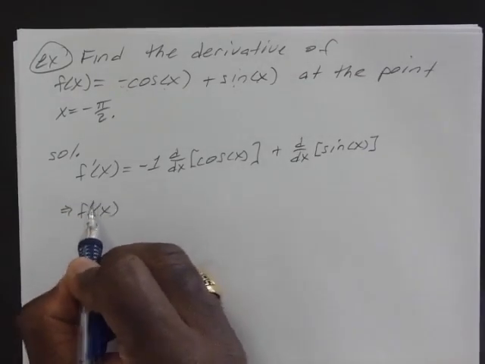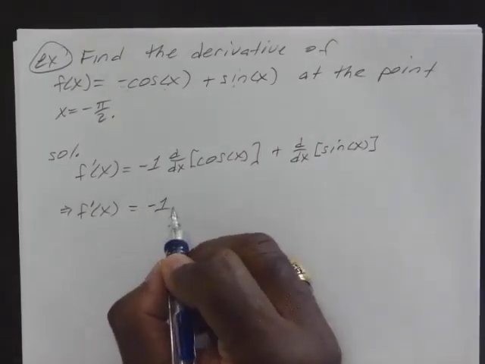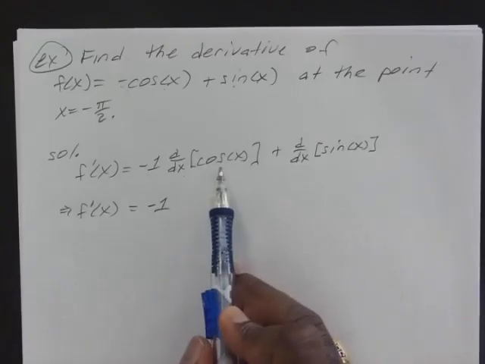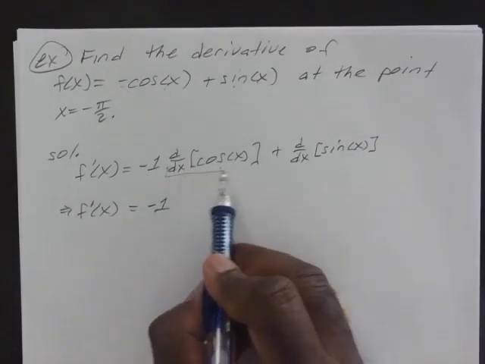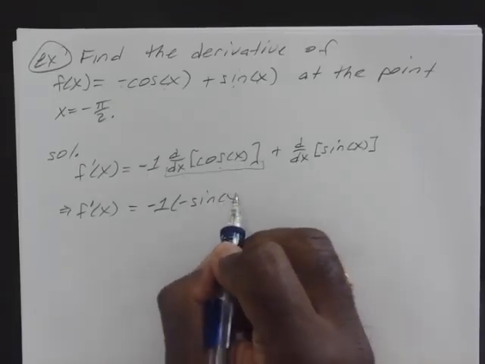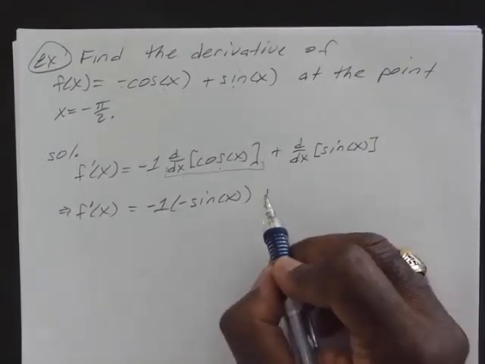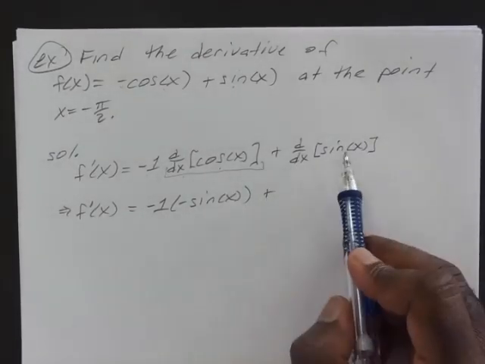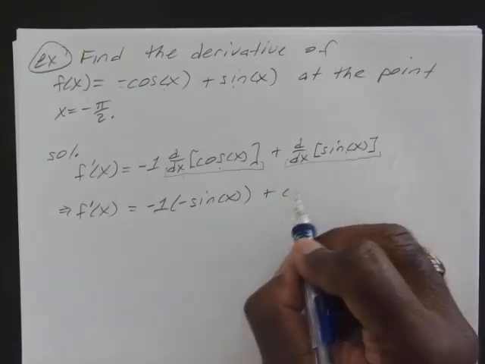Okay, so if we simplify each term, this is -1 times the derivative of cosine, which is negative sine. So we replace this derivative of cosine with negative sine of x, plus the derivative of sine, we know that's cosine. So we replace this with cosine of x.